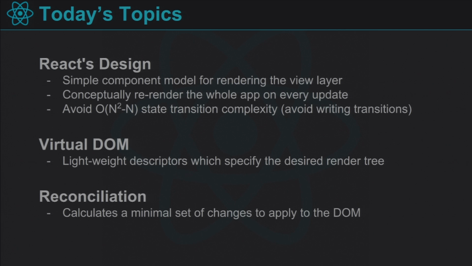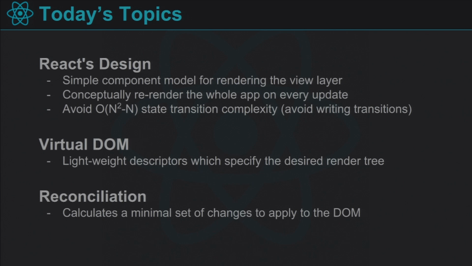So basically, today, just a brief overview. React's design: we have simple components that are used for rendering the view layer. Conceptually, we re-render the whole application after every update. So applications flow from top to bottom, and you're always following the same code path, so you avoid constant state transitions and state mutations, which is avoiding the n² minus n transition complexity.